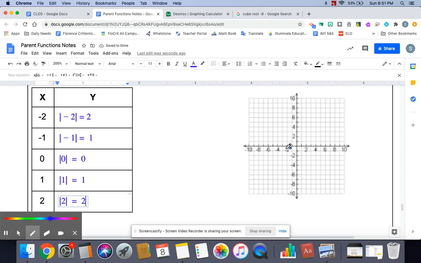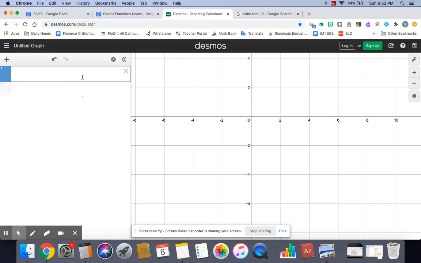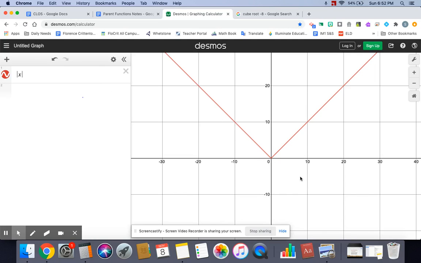So I go ahead and plot my points. If x is -2, then y is going to be +2. So I'm going to go up 2, put a point. If x is -1, y is +1. There's 0, 0. There's 1, 1. And 2, 2. And the shape the absolute value makes is a V. You see that?